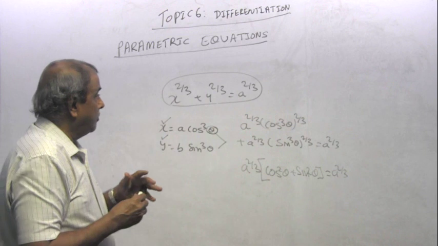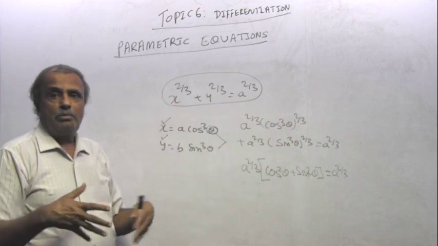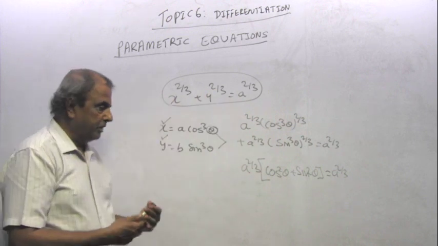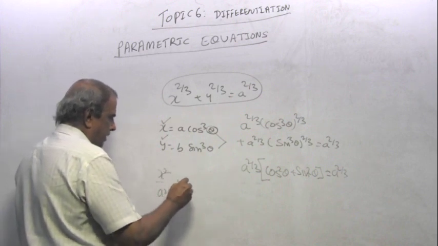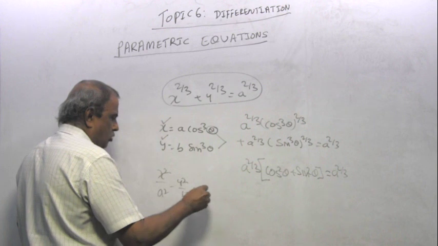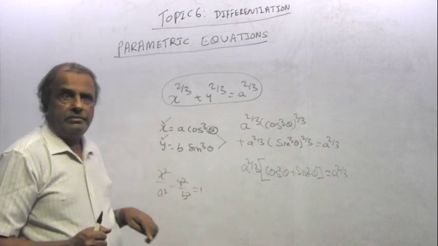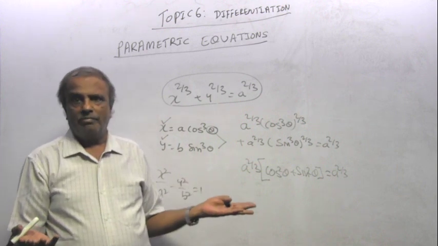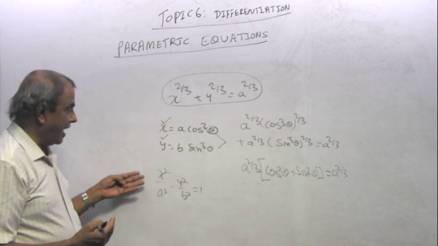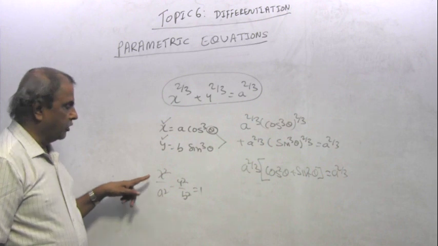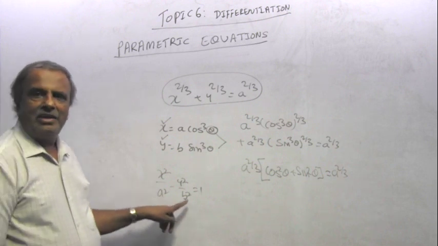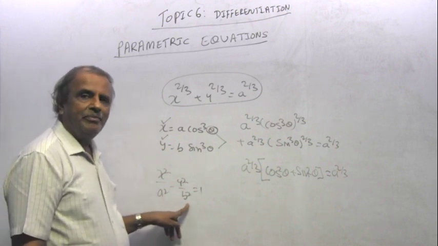In fact, curves like this prompted this, or something like, you had x squared over a squared minus y squared over b squared equal to 1. Then, as it is going to be difficult to solve, whereas we could use x equal to a sec theta, y equal to b tan theta.